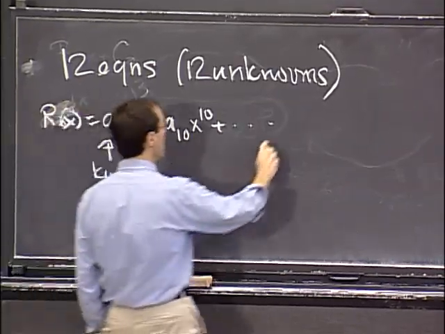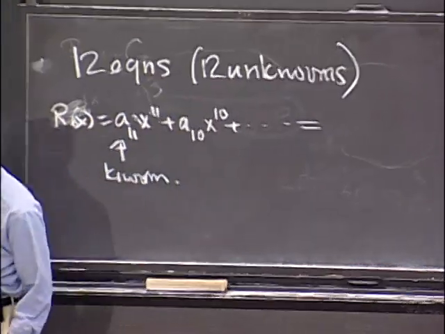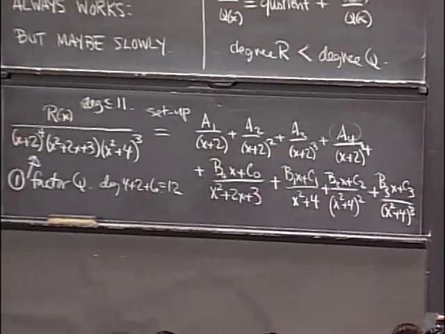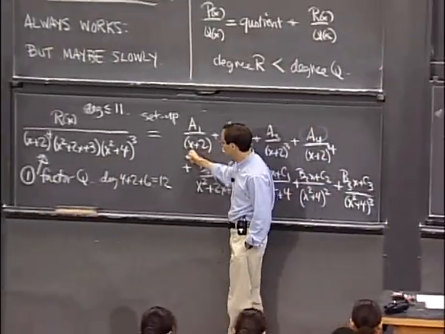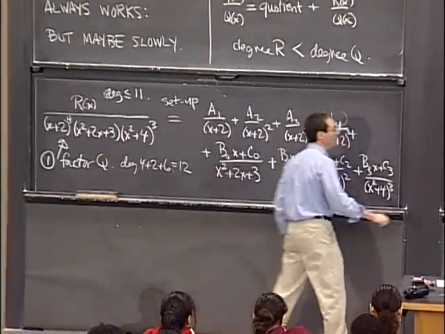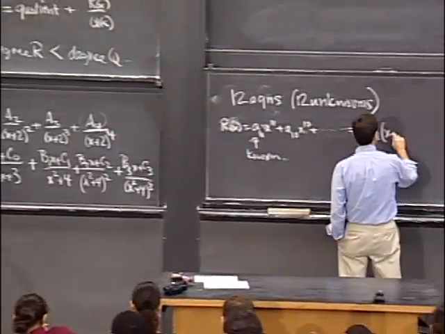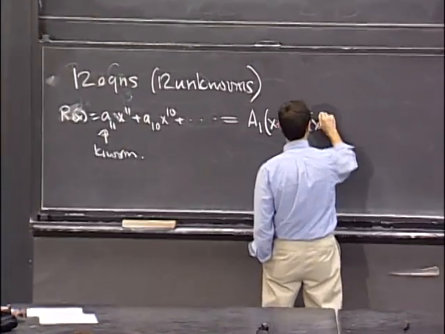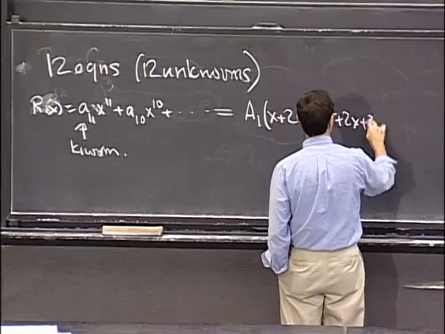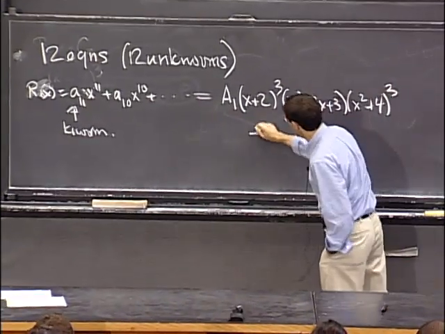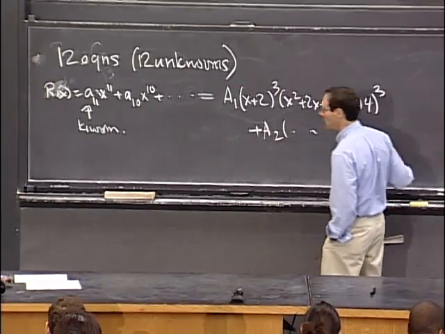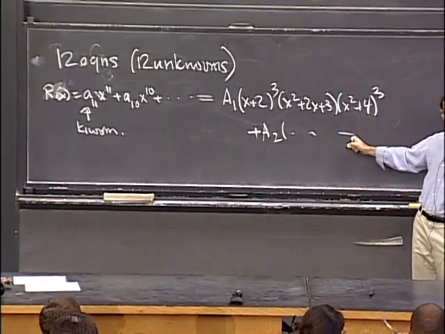And then when you cross multiply on the other side, it's a1 times, if you cancel this denominator with that, you're going to get x plus 2 cubed, x squared plus 2x plus 3, x squared plus 4 cubed, plus the term for a2, etc. It's a monster equation.